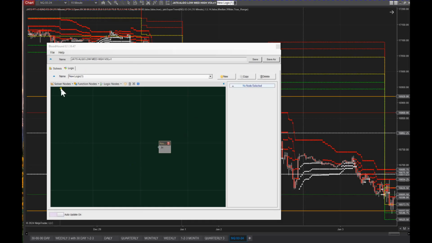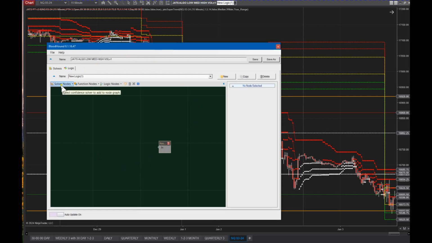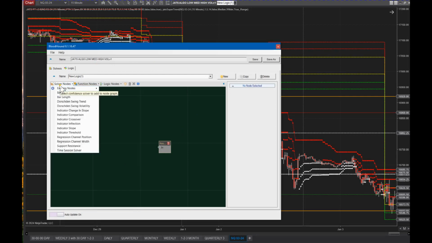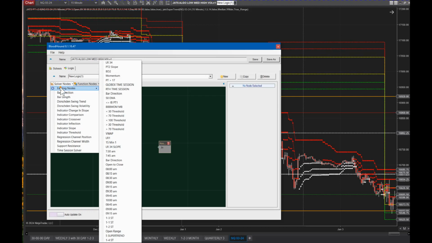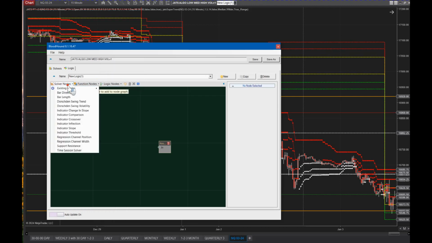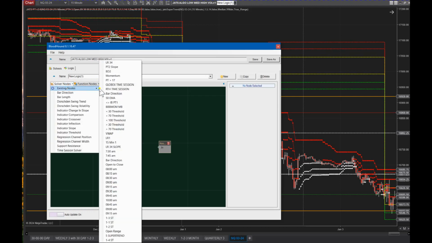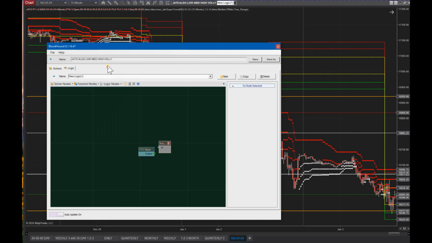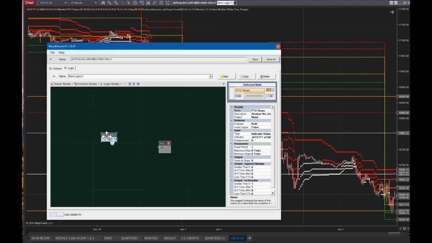So I'm going to give you a quick Bloodhound lesson. You can put the Jats PT2 as a slope solver on the chart. And I will show you how to set these up in training. So you're just putting the PT2 indicator in the slope solver and use your function nodes, your long short modifier.